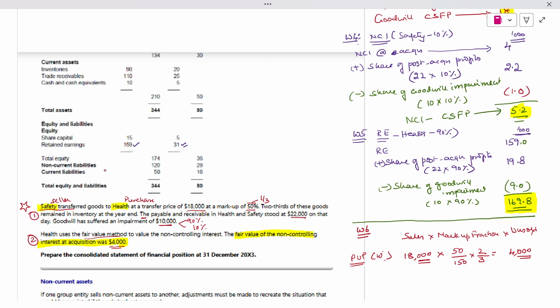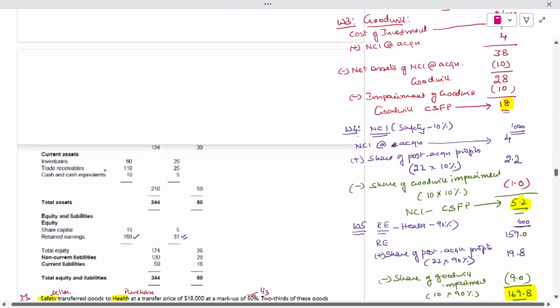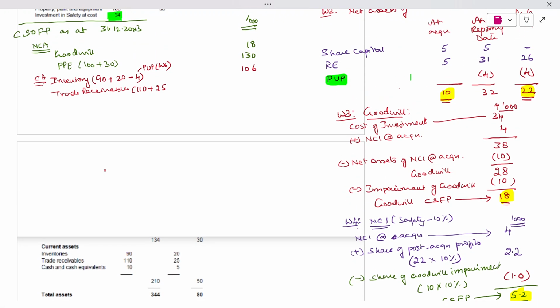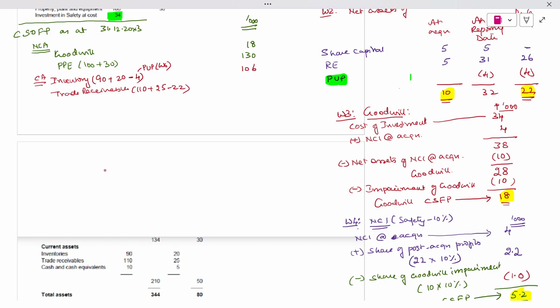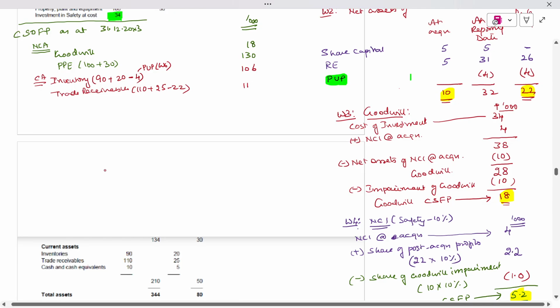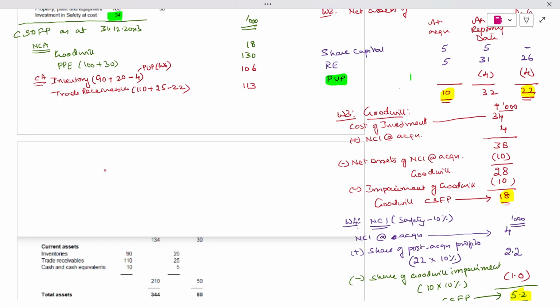You have to remove it from receivables, and if you are removing from receivables, you have to remove from payables also. How much is there? 135 minus 22 is 113. Very quick. Is it right? Now subject is not important, time is important. Till now, when subject was important, I was very slow.